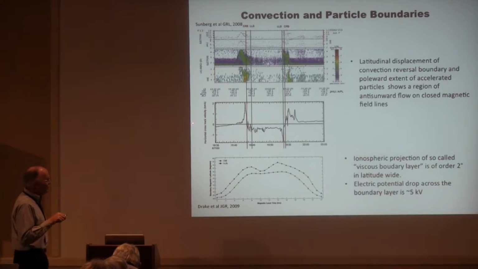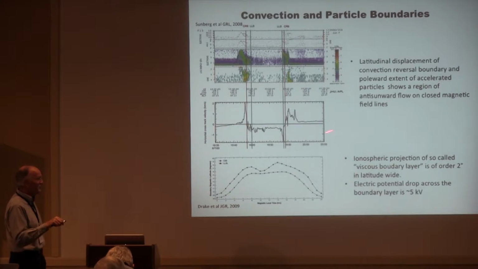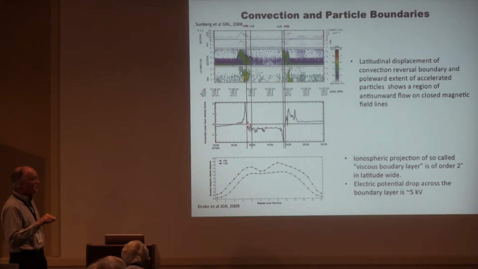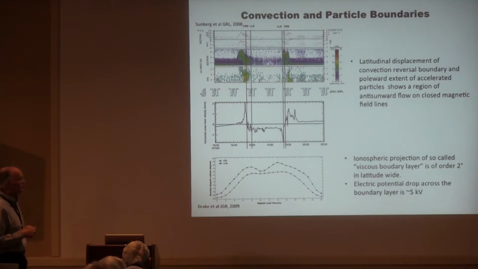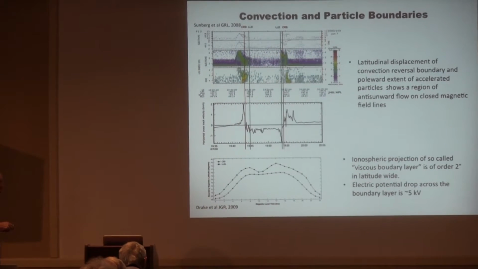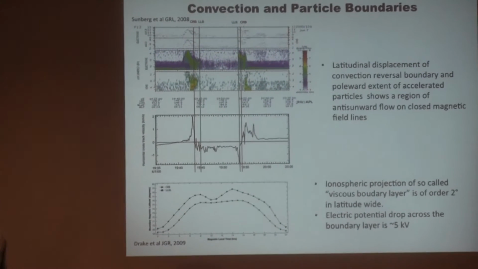If you take an instantaneous cut, or almost instantaneous, 20-minute cut across the high latitude ionosphere from dusk to dawn, then you'll see a characteristic two-cell convection pattern with regions of sunward flow at dusk and dawn, and anti-sunward flow in the polar cap, which is a standard two-cell convection pattern. Simultaneously with that, DMSP measures the precipitating electrons and ions, and if you look in detail at the boundaries of where these ions and electrons appear, which are pretty good markers for the topology of the magnetic field.